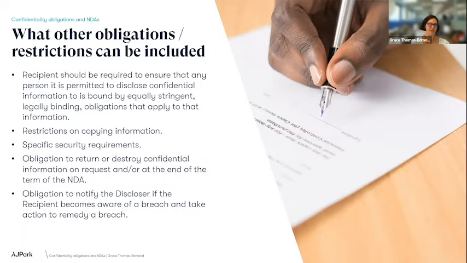So I think in ours we say you won't copy it except as strictly needed for the purpose for which you've received it. So it's a bit more permissive, but sometimes you see ones that have a complete prohibition on copying any confidential information. Sometimes you see specific security requirements around how you'll keep that information safe.